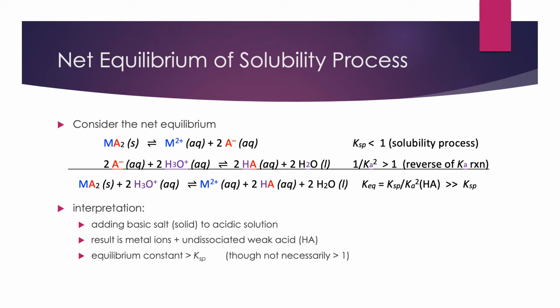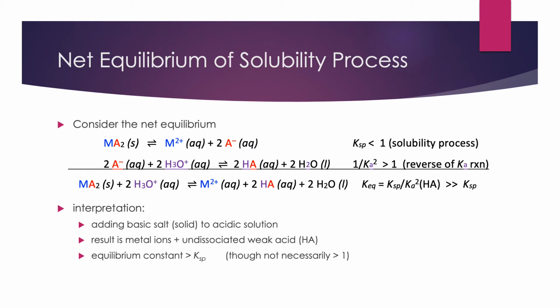So when we add these two equations together, what we have is basically the original salt, MA2, as a solid, now encountering not just a pure aqueous solution, but an acidic solution because we've put strong acid in there. It will now dissolve to form M2 plus and 2 of the undissociated weak acids and 2 waters.